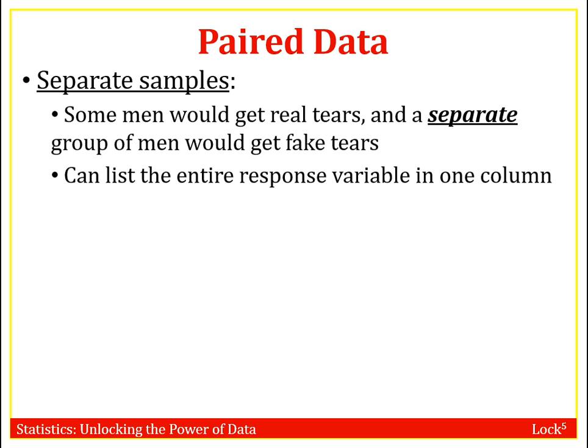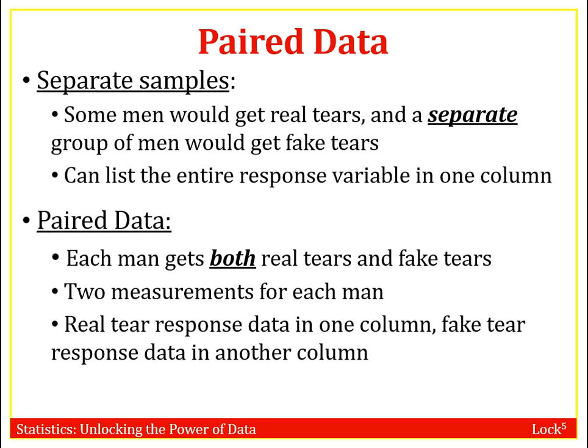But by pairing them together, we eliminate some of those possible confounding factors and our variability becomes less. So that's what we like about paired data whenever we can. But we had paired data because each man got both the real and the fake. We took measurements of each, and we subtracted those two measurements to get our data point that we were going to be using.